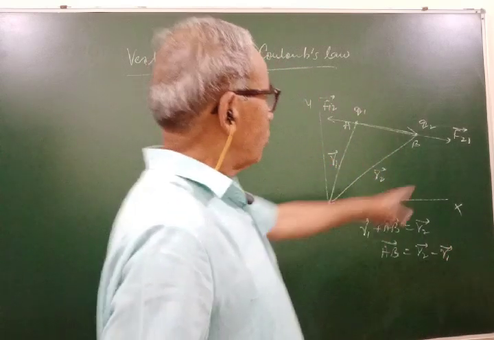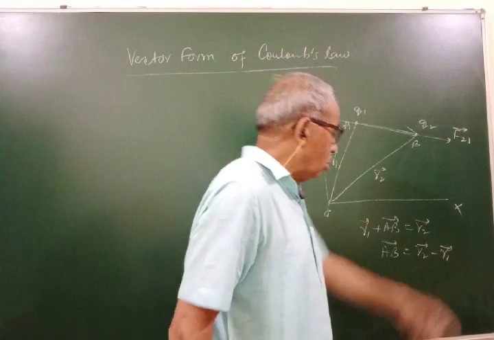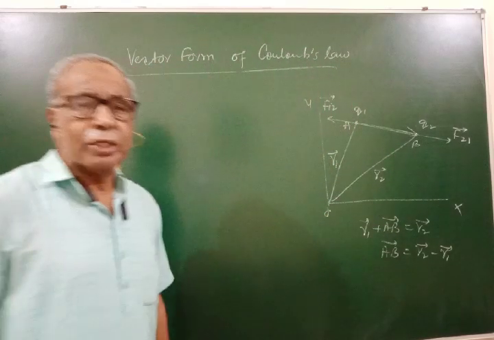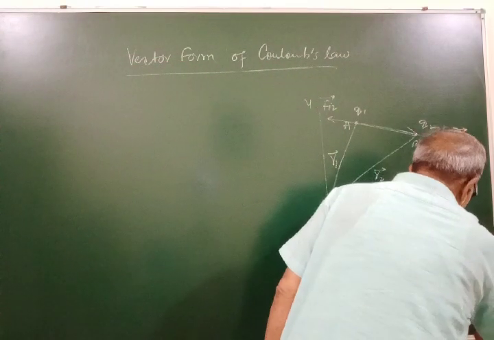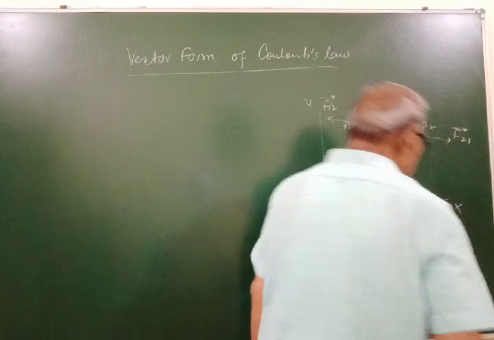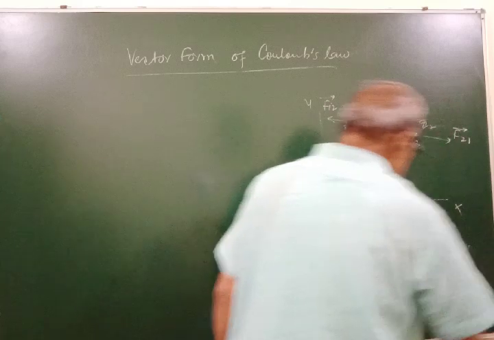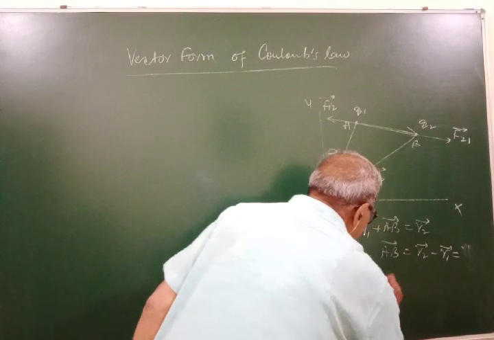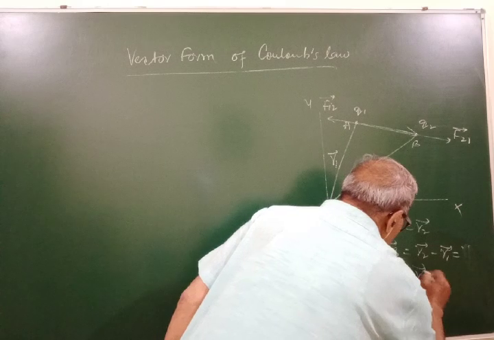That means direction of force F21 is along AB, along r2 minus r1, or people write like this r21, but I don't write. Similarly, vector BA will be r1 minus r2.